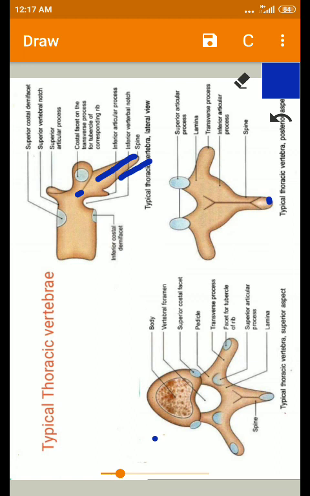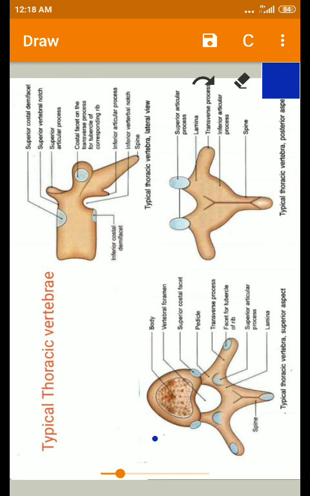The upper and lower spines, that means the atypical ones, are less oblique in direction. They do not have such a slope. This is about the typical thoracic vertebrae.